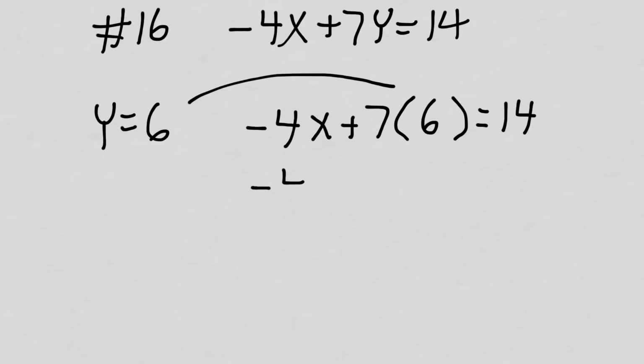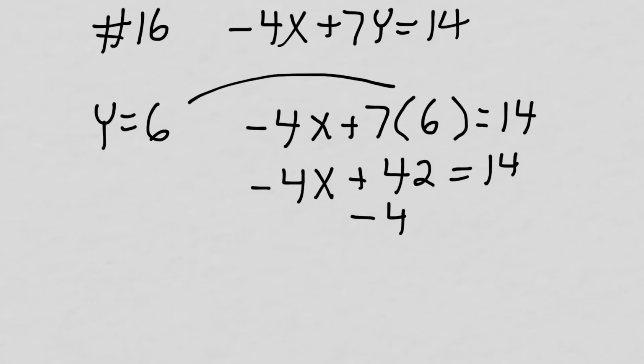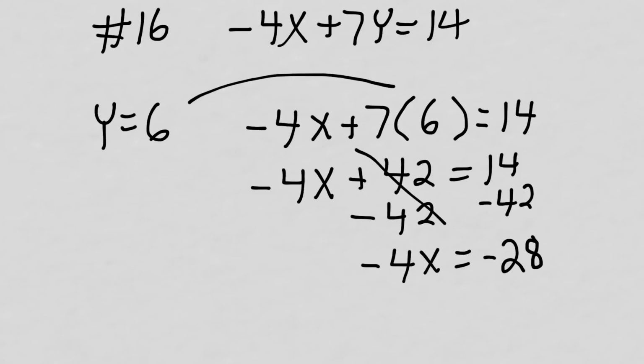I get minus 4x plus 7 times 6 is 42 equals 14. I'm going to subtract the 42 from both sides. Okay, I get minus 28 on the right, and on the left I get minus 4x.